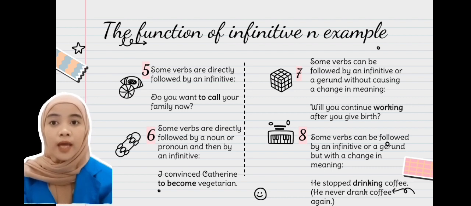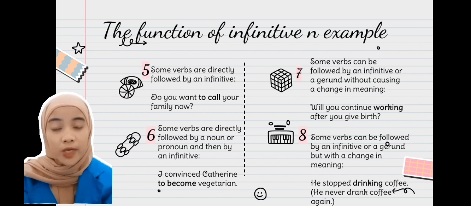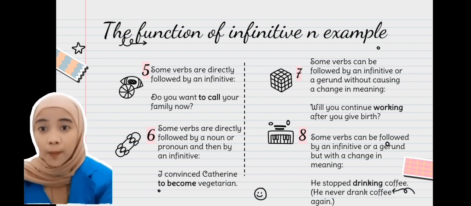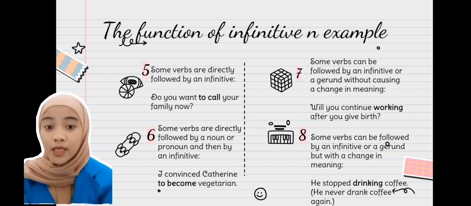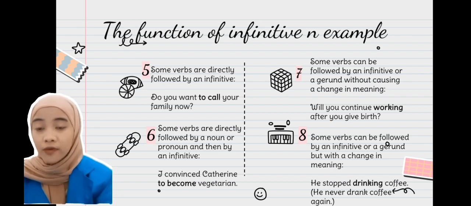Seventh, some verbs can be followed by an infinitive or a gerund without causing a change in the meaning. Example: will you continue working after you give birth? And last, eighth, some verbs can be followed by an infinitive or a gerund, but with a change in the meaning. Example: he stopped drinking coffee.